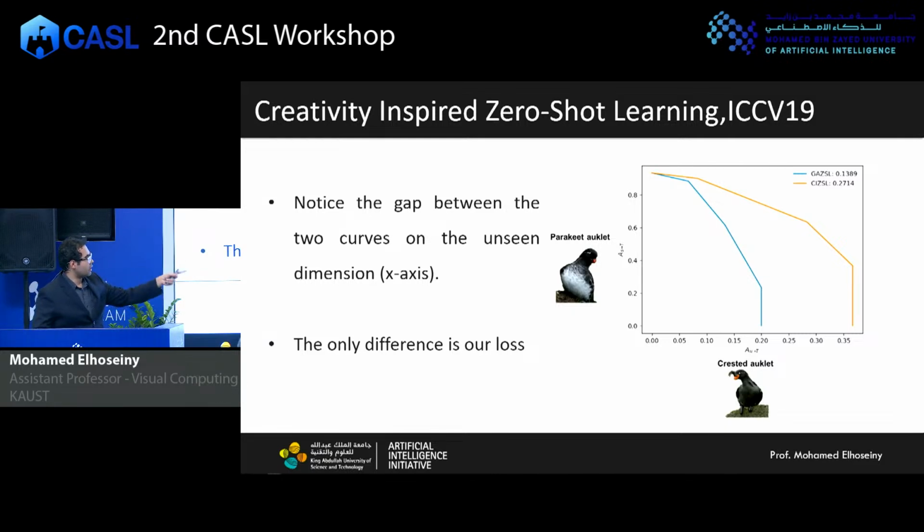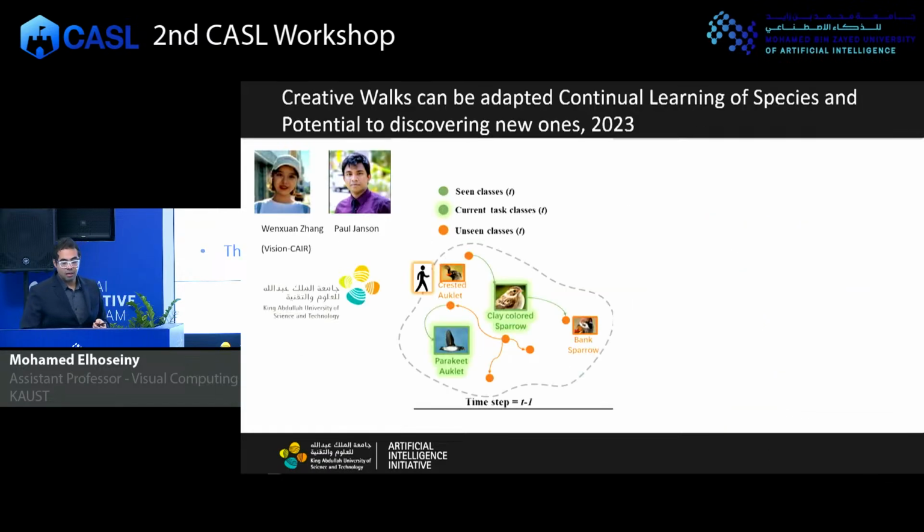One is seen and the other one is unseen. The difference between these two curves is just the additional loss function, right? And this additional loss function does not require any labels. It requires just access to some hallucinative exploratory function that explores the space of unseen classes.